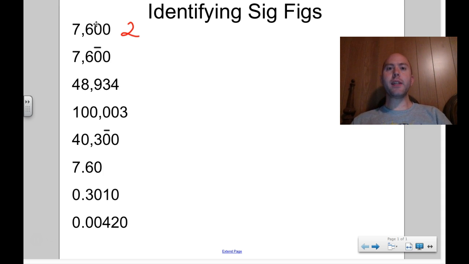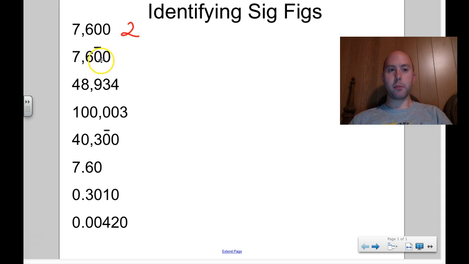Can a zero be a sig fig? Yes, but there's different rules as to when they are sig figs. So let's go to the next example. The next one even specifically says 7,600 again, but this time this zero has a bar over it. And the rule is any zero with a bar over it is a sig fig.